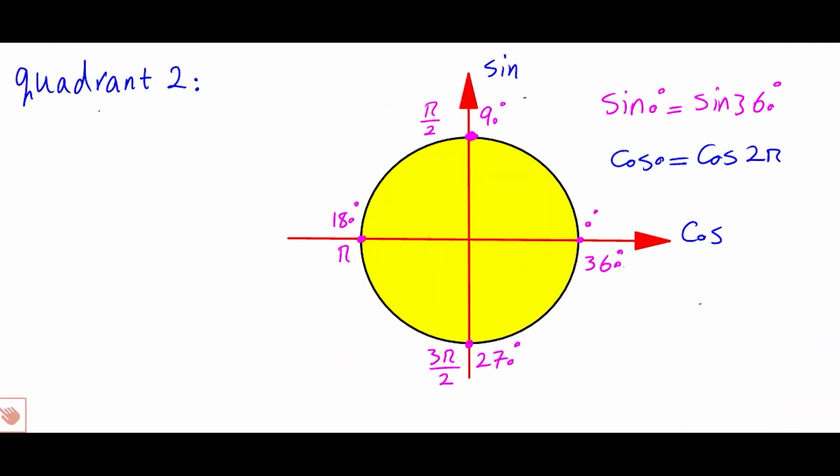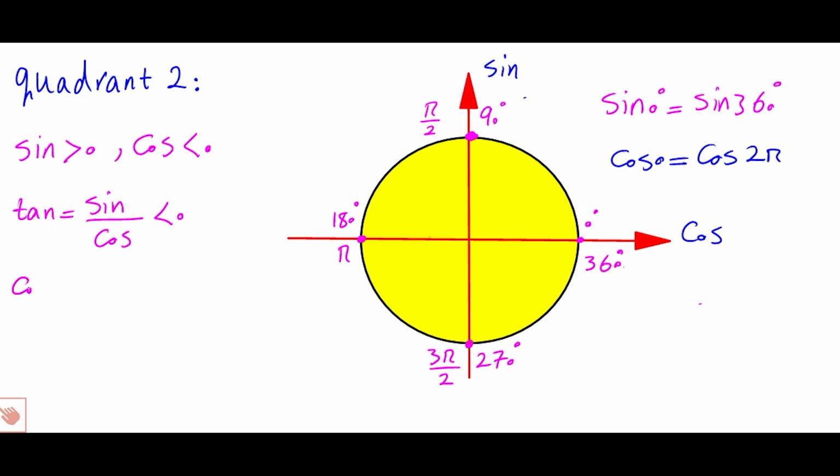In the second quadrant, sine is positive because the second quadrant is located up and to the left. So sine is positive and cosine is negative. So tangent is equal to sine divided by cosine, and sine is positive and cosine is negative, so tangent is negative.